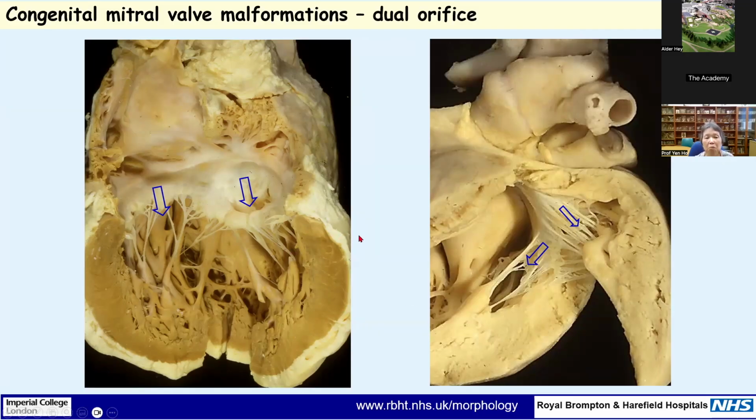And that reminds me very much of the mitral clip configuration, isn't it? For mitral regurgitation, and now adopted, I think, in the tricuspid valve position as well. But this is a natural dual orifice mitral valve.